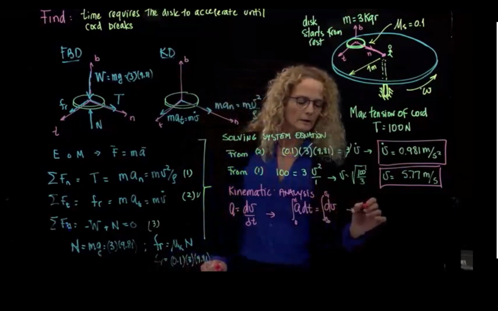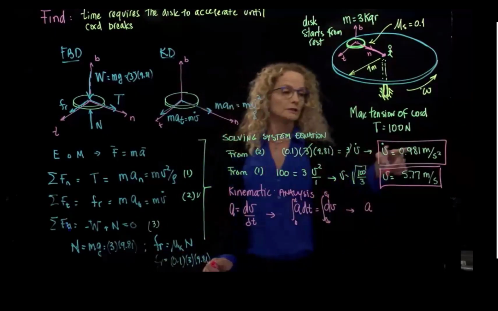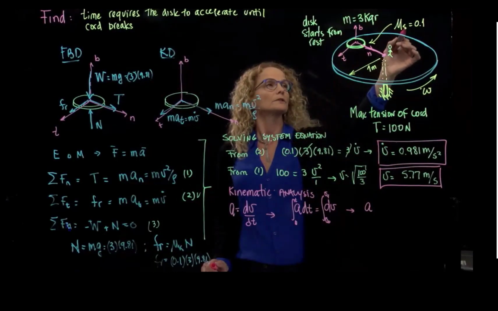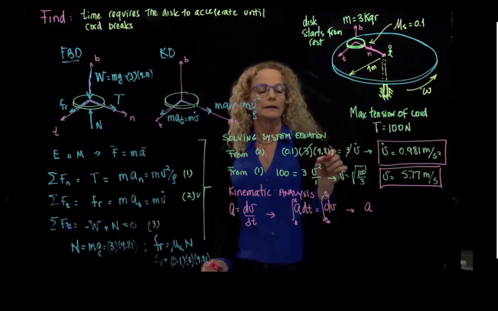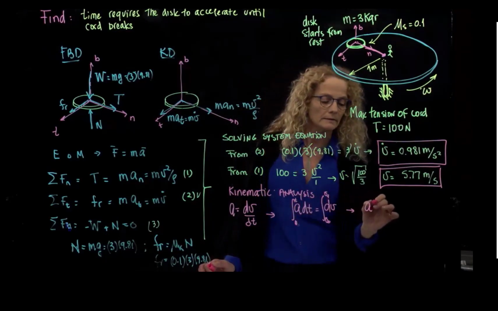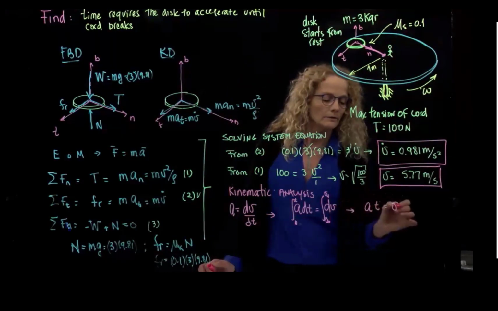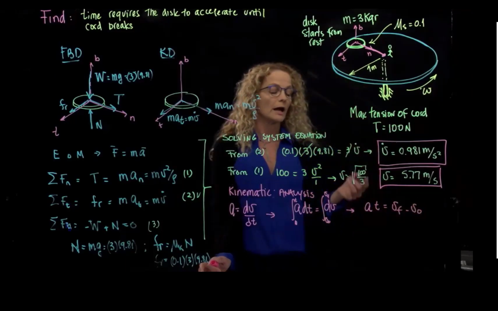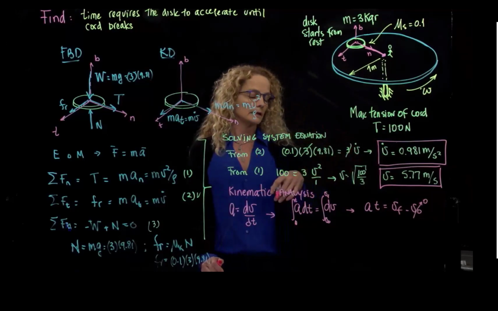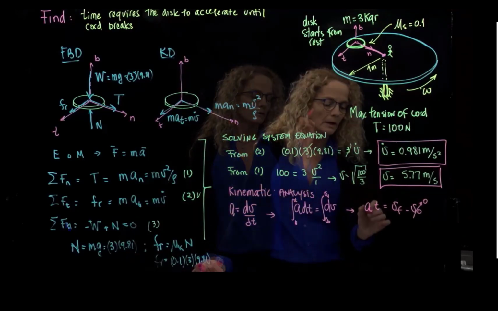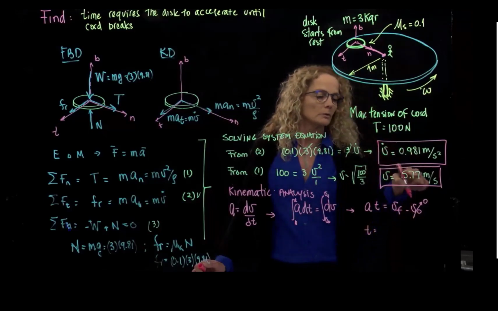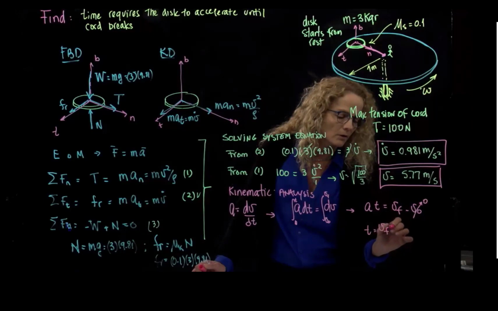So from here I get that the acceleration, which is this part over here, as you see, only depends on the coefficient of kinetic friction and the gravity, so this is a constant. Since this acceleration is constant, I can say that this is time equals velocity final minus velocity initial. And we see that the initial velocity is 0 because they tell us that it comes from rest. And then I get that time is equal to final velocity, which is the one that I found, over acceleration.